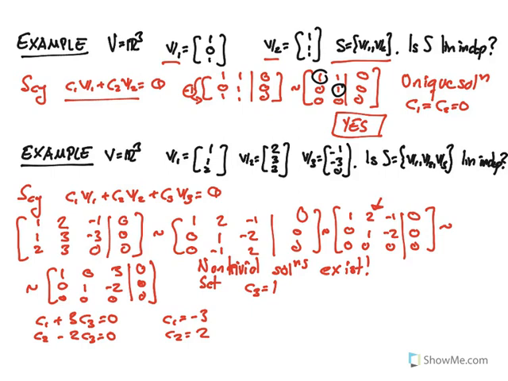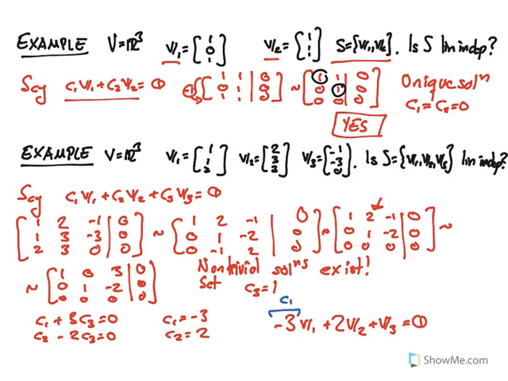So the solution set then is 1, 2, minus 3. So we find that if you take 2v1, no, that was wrong. If I take minus 3 v1 and I add 2 v2 and 1 v3, then this works out to be 0.